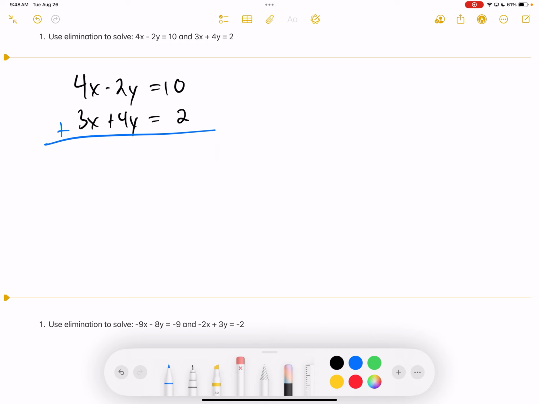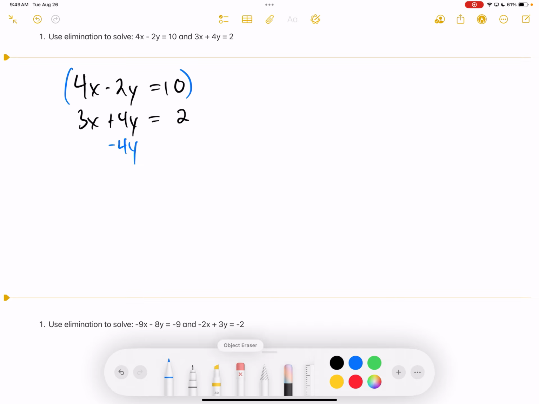So what I want to do here is manipulate it to where I can make them add up. I see a positive and negative right here, and that's what I'm identifying. If I look at the positive 4y, if I make that negative 2 be negative 4y, positive 4 and negative 4 would cancel out, right?